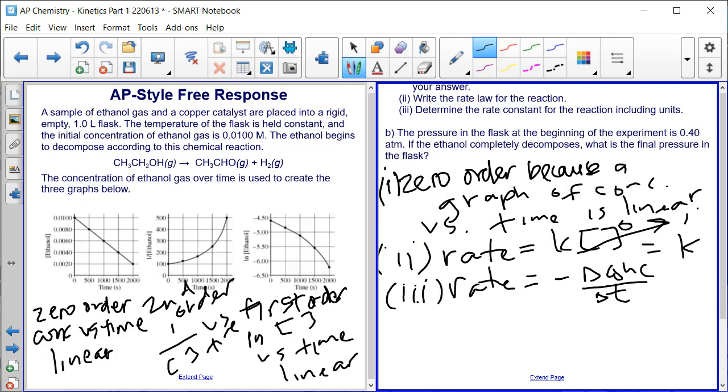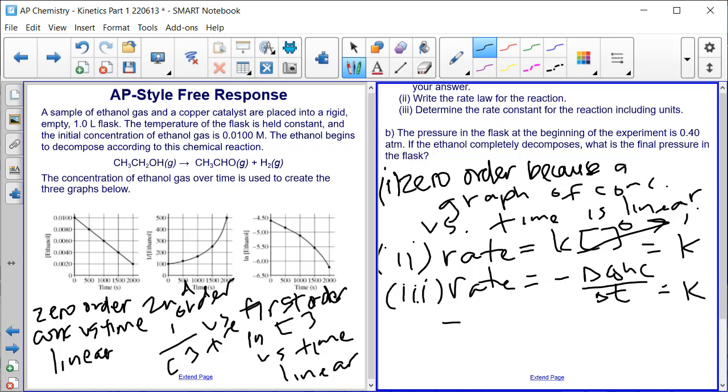Okay? In this case, that's the negative of the slope of this line. And that is equal to K from part 2. So we just have to find the negative of the slope of the line.